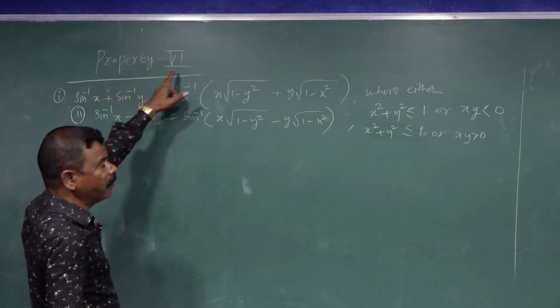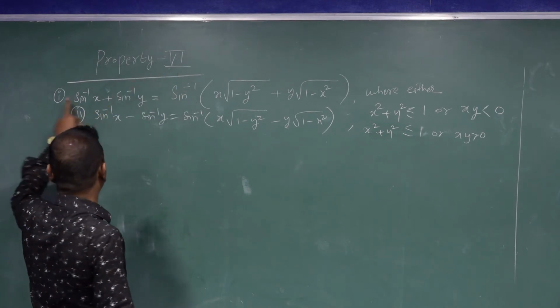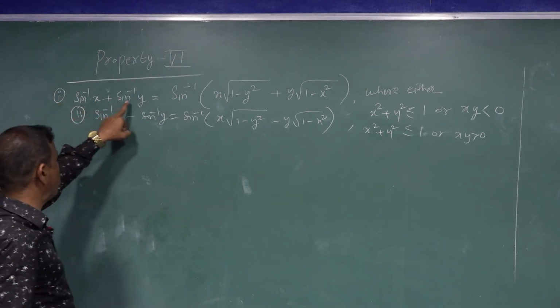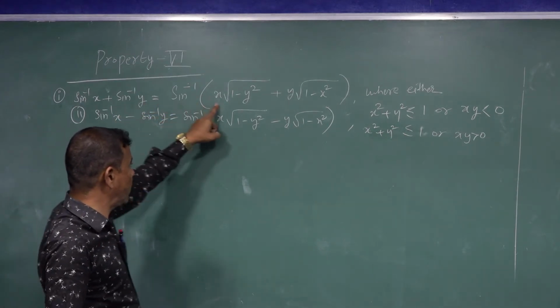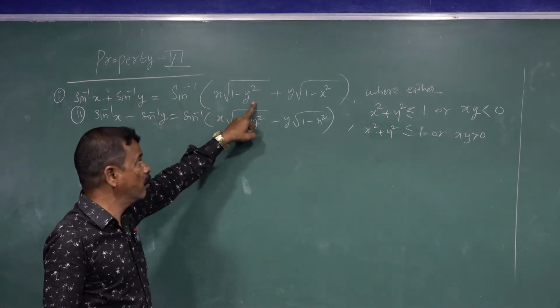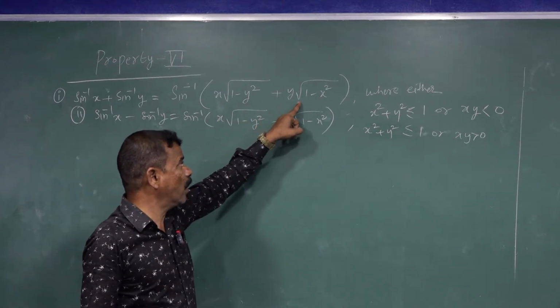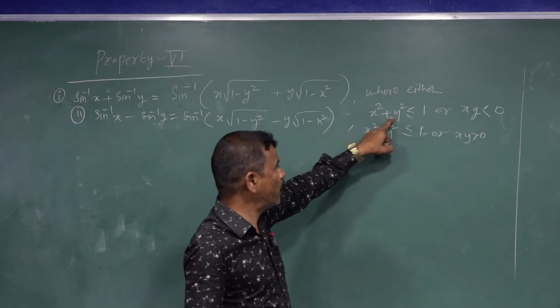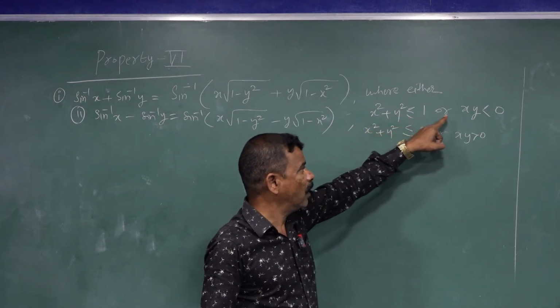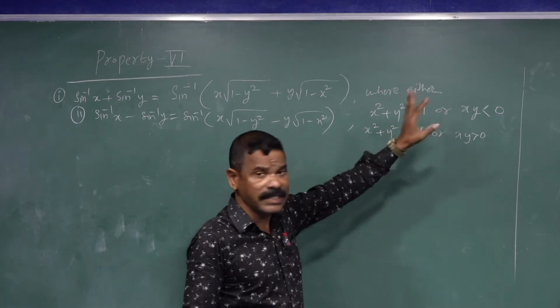Property 6. First one: sin inverse of x plus sin inverse of y is equal to sin inverse of x under root 1 minus y square plus y under root of 1 minus x square, where either x square plus y square is less than or equal to 1, otherwise xy less than 0.